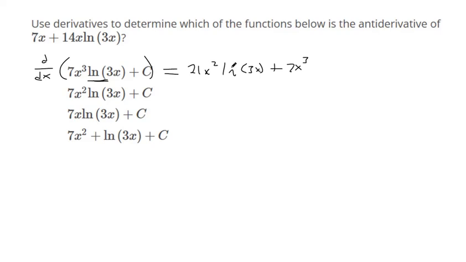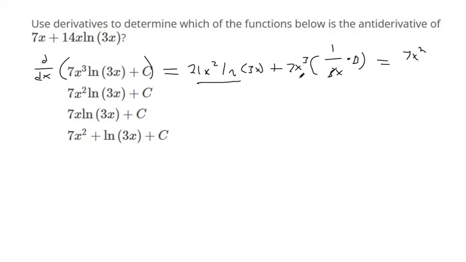The derivative of natural log of 3x is 1 over 3x, and then chain rule. The derivative of the innermost function of 3x is 3. So that cleans up to be 1 over x. And then when we keep cleaning it up, you've got 7x to the third times 1 over x. That makes 7x squared for this term.